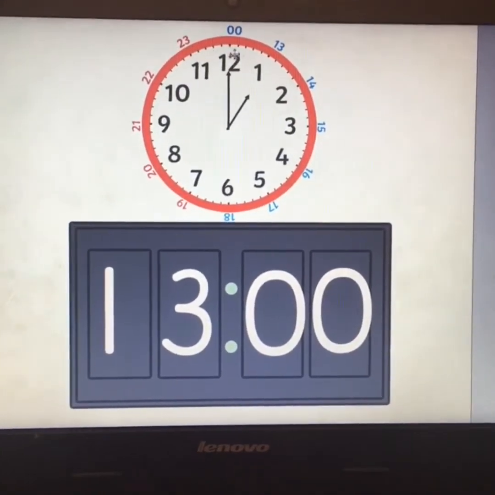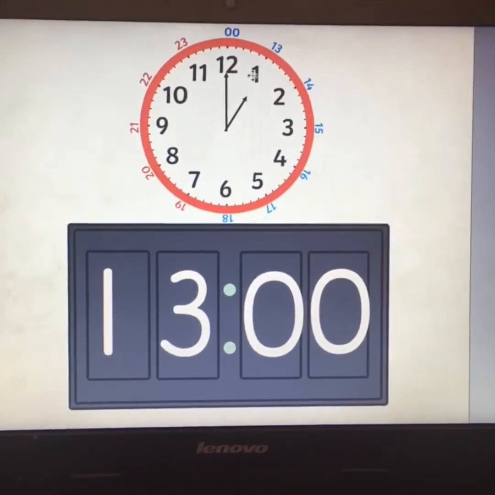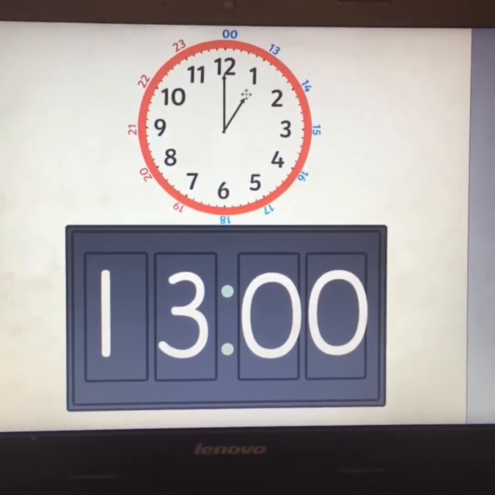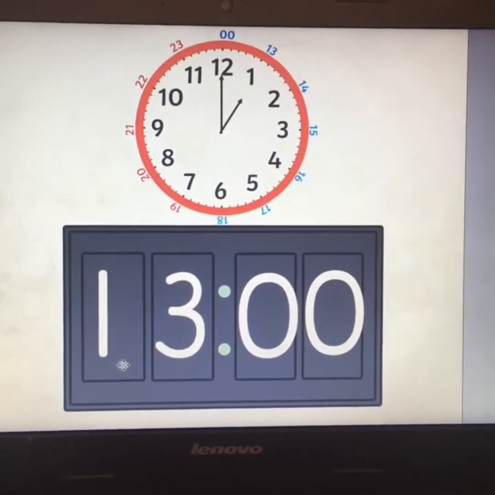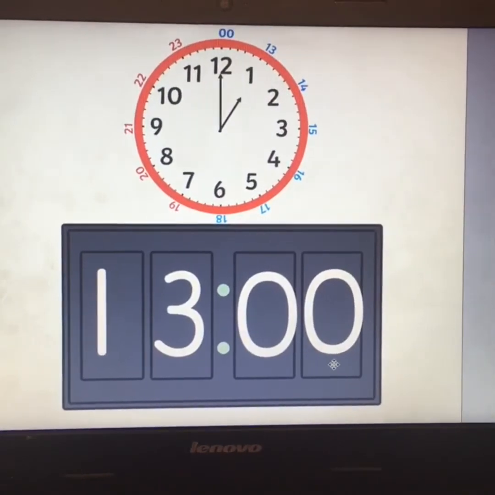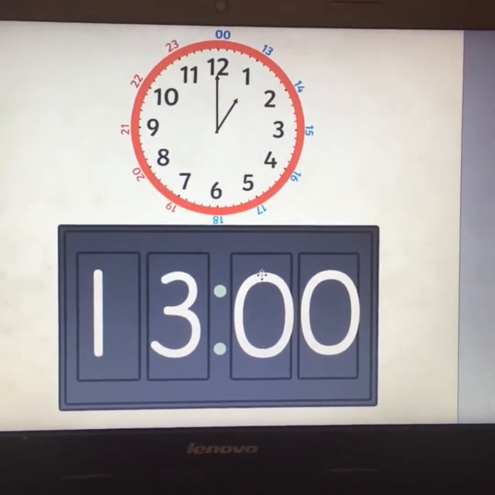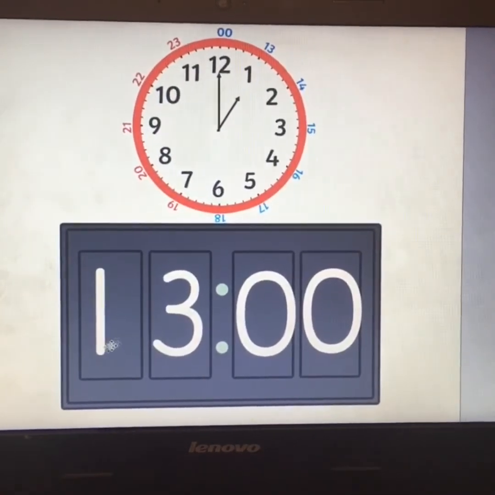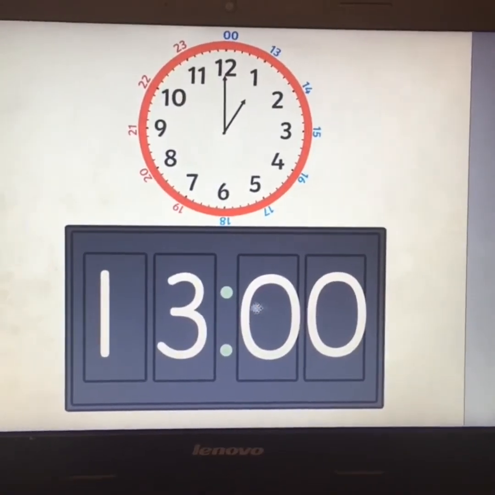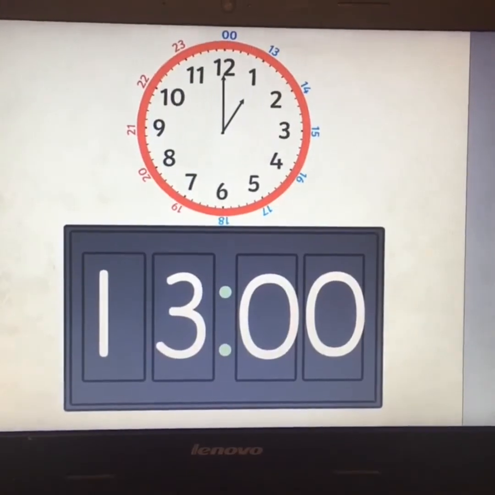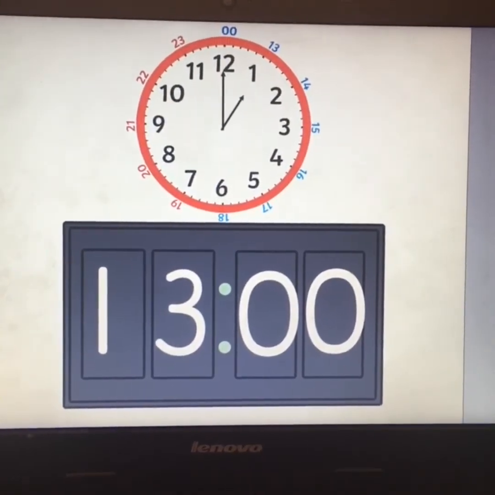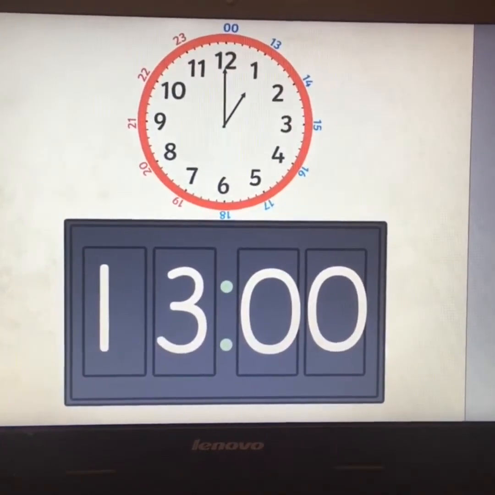Now we've had 13 hours because we just add on 1. So you can write 1 o'clock in the afternoon, 1 o'clock PM as 13:00. Okay, we don't really say 13 o'clock, but if this was 10 past 1, we could say 13:10. Okay, and that tells us it is in the afternoon. So 1 o'clock is the same as saying 13.